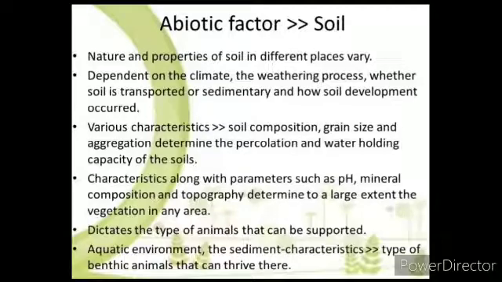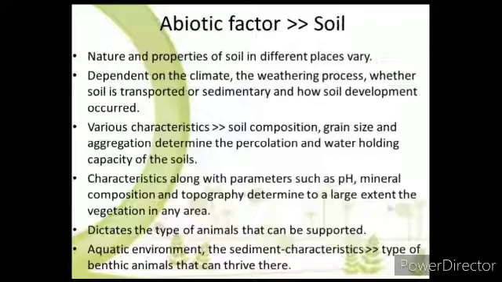Next abiotic factor, it is the soil. The nature and properties of soil in different places vary. It is dependent on the climate, the weathering process, whether soil is transported or sedimentary, and how soil development occurred. Various characteristics of the soil, such as soil composition, grain size, and aggregation, determine the percolation and water holding capacity of the soils.